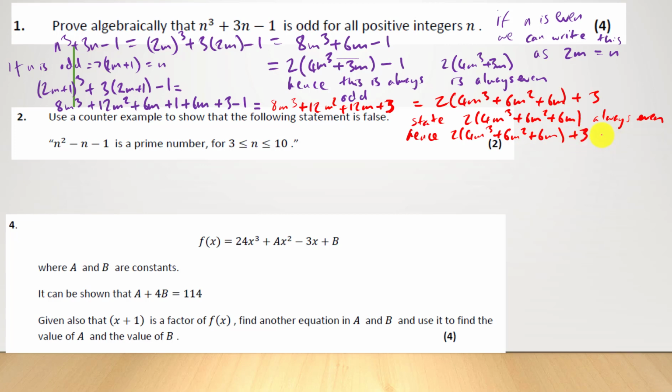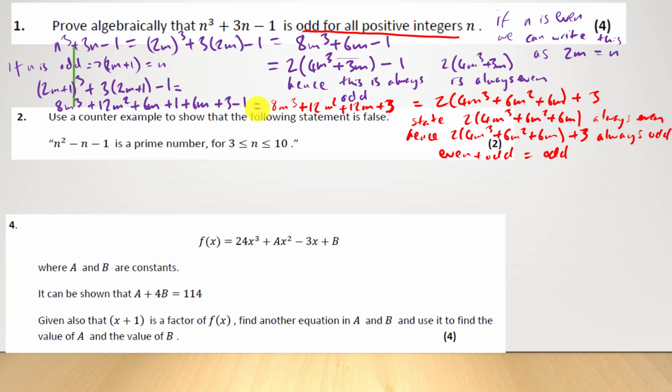Three must be always odd, because even add odd equals odd. Hence you prove that it's odd for all positive integers, so you've proven that.